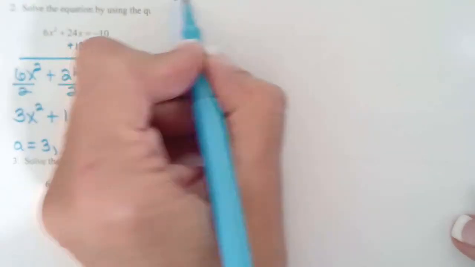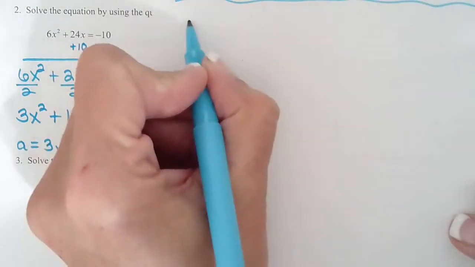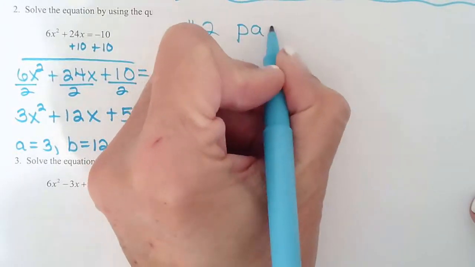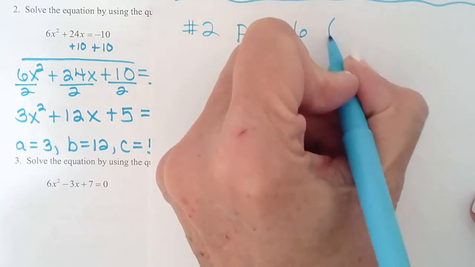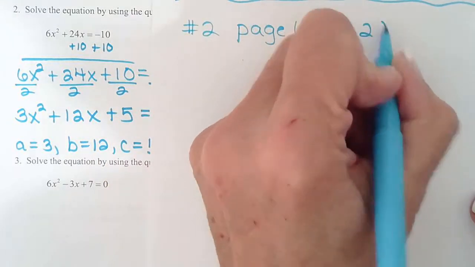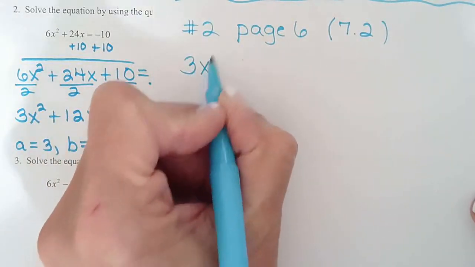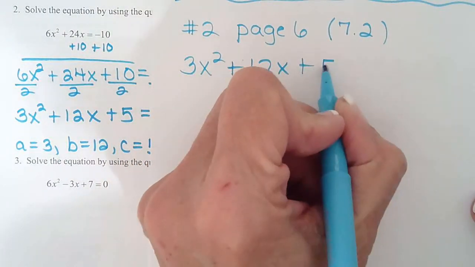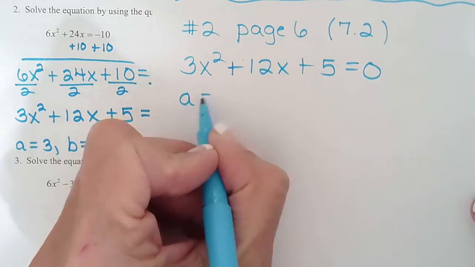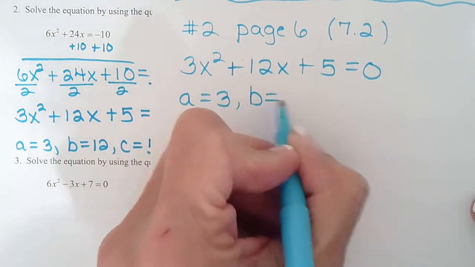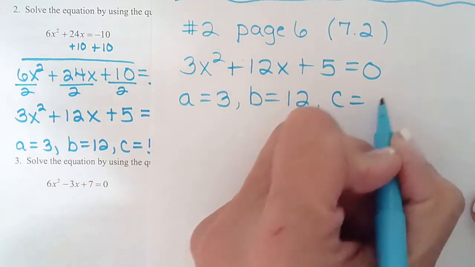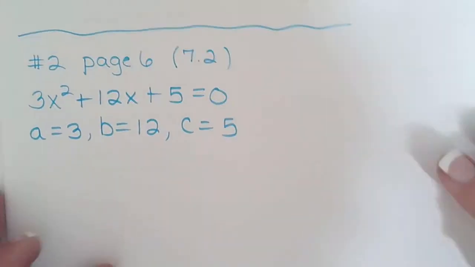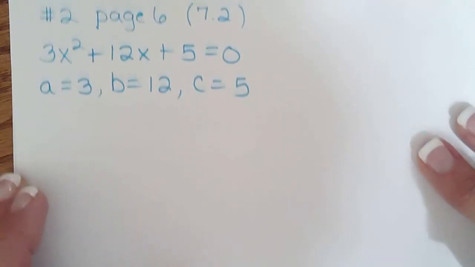So it was number 2, page 6 of 7.2. So we were at this step, 3x squared plus 12x plus 5 equals 0. A is 3, B is 12, C is 5. Okay, so I just wrote down what we had there. So now I won't be smushed for room.